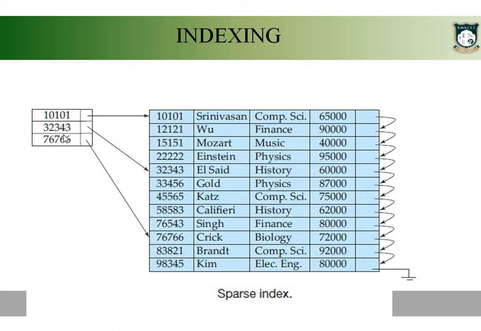So the record should be available after the location pointed to by the first record. Here only you should find the record. So this is how you can search for records in the case of a sparse index.